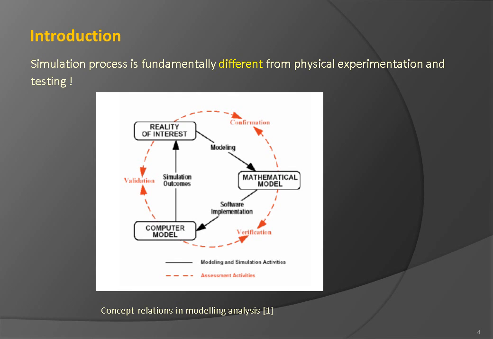Initially, reality of interest has to be described using mathematical formalism. The question then arises how well the mathematical abstraction corresponds and conforms to reality. Such a mathematical model has to be translated into a computer model that allows computational execution and simulation of defined real-world scenarios.